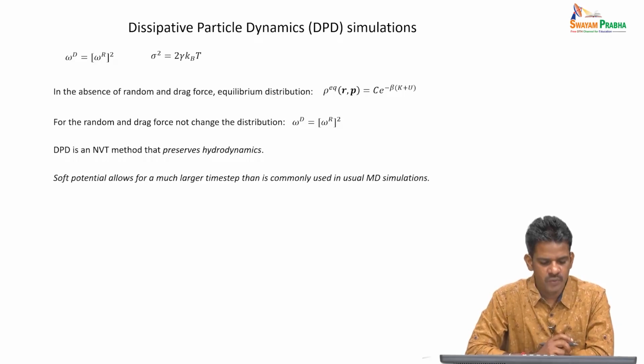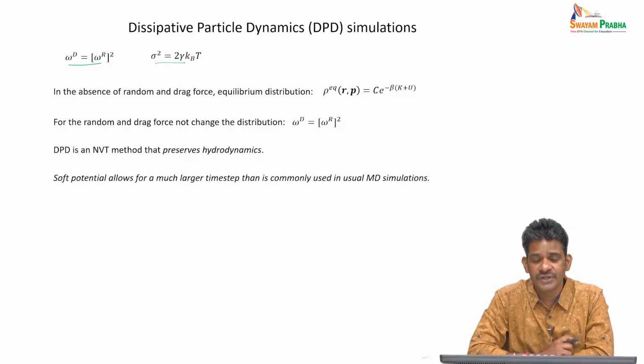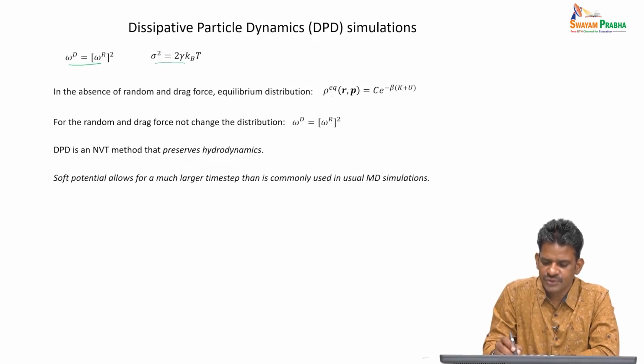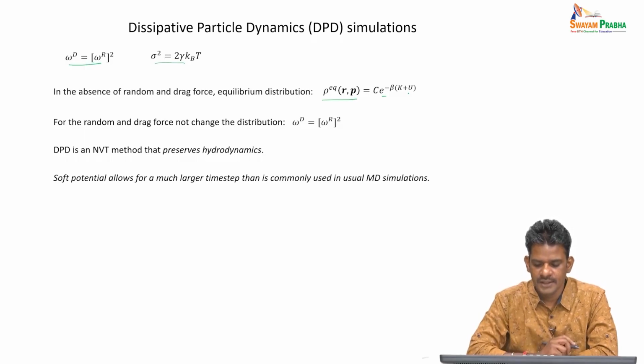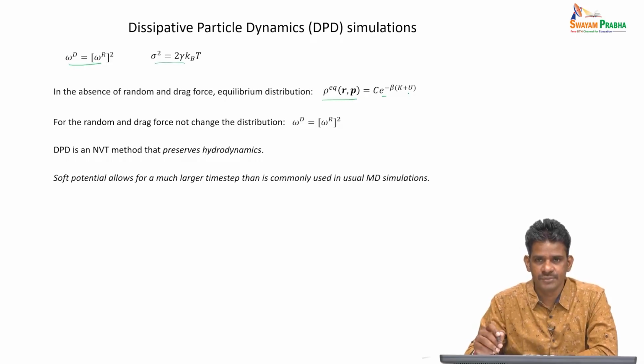So, now we may wonder why we have these particular constraints on the parameters of the random force and dissipative force. The reason is the following: if you look at canonical MD simulations, we know that the distribution function of the phase space is proportional to exponential of total energy divided by kBT. So, when we include the dissipative and the random force, we do not want to disturb this particular distribution.